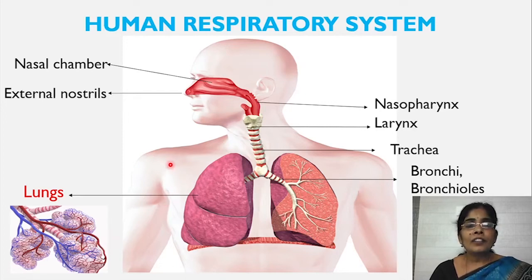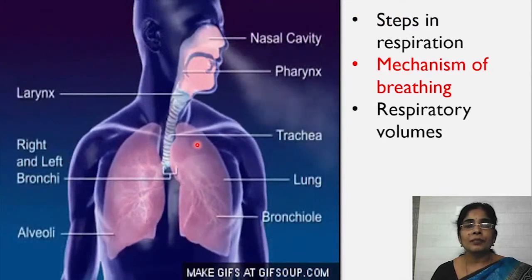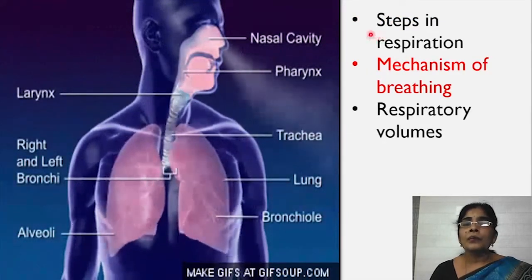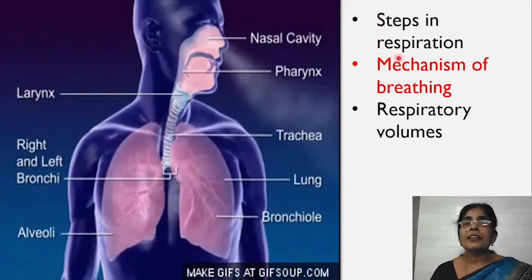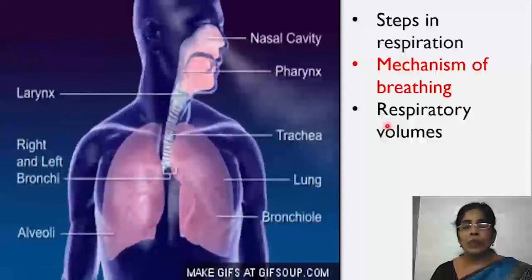With the knowledge of this structure of the human respiratory system, today we are going to discuss the physiology of respiration. So in this session, we are going to deal with the steps in respiration, mechanism of breathing, and respiratory volumes.